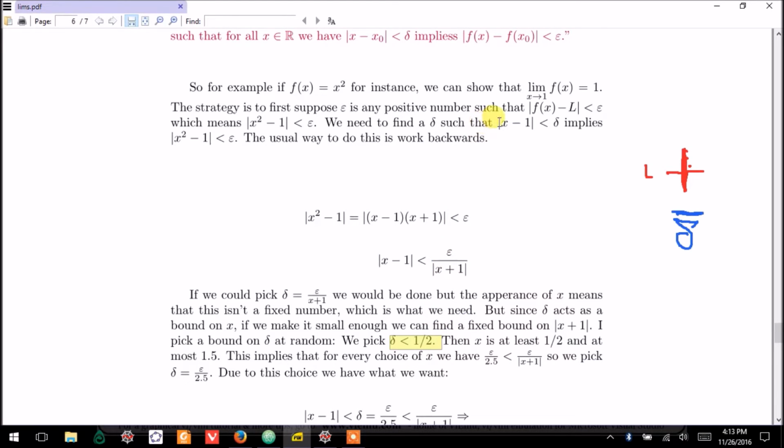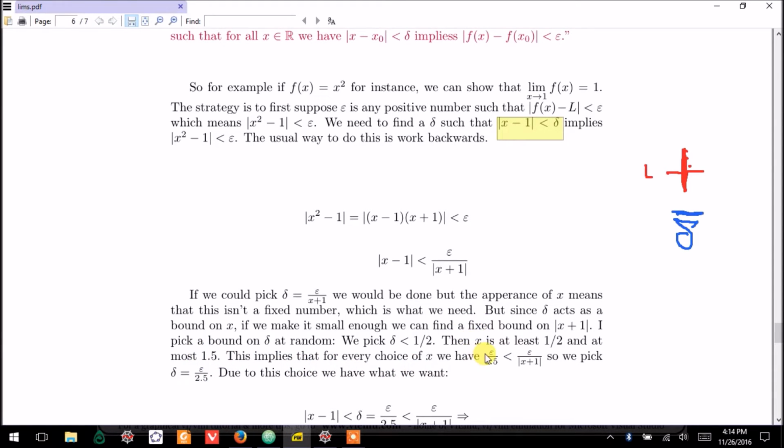And the reason I do that is because I know that by doing that, I force the choice of x to have a distance of 1/2 away from the number 1. That's what this expression basically can be read as, saying that the distance from 1 is less than delta. So if I pick delta less than a half, I know that x cannot be farther away from 1 than a half. That puts x somewhere between 0.5 and 1.5.